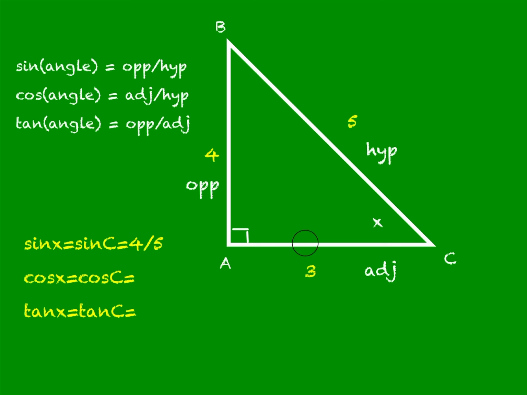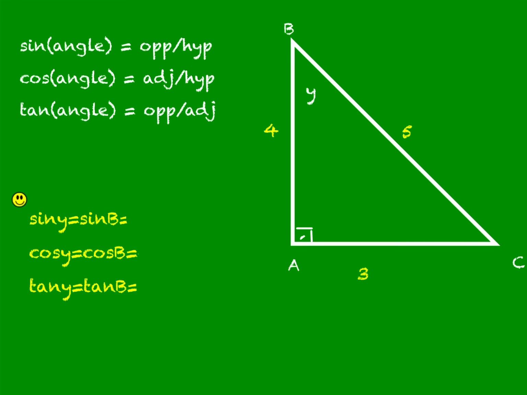Adjacent is 3, hypotenuse 5, so 3 over 5. Tangent, opposite over adjacent, so 4 over 3. Very simple.